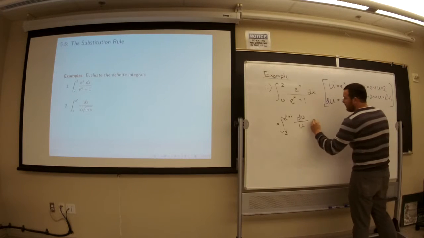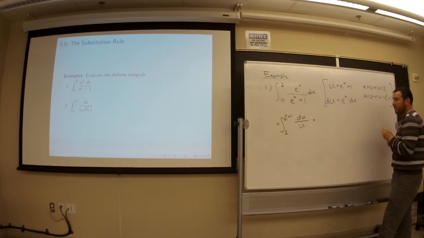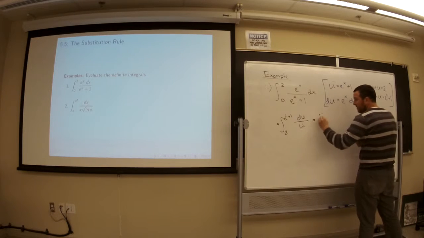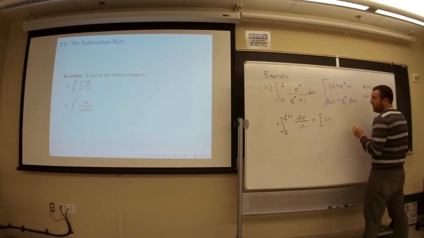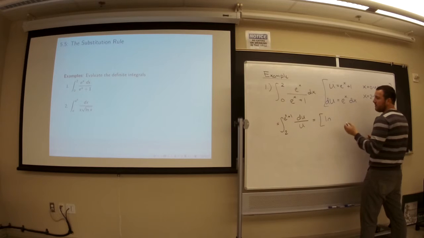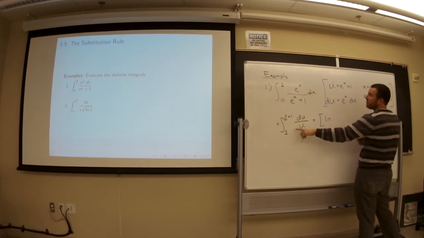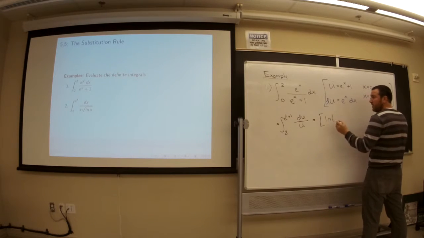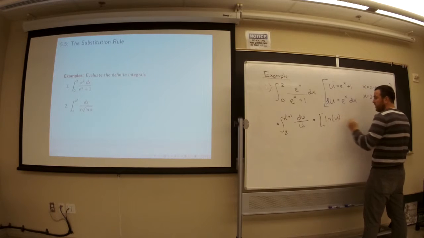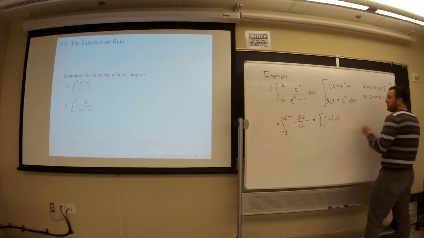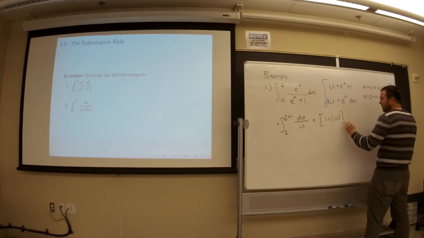So our antiderivative is just the natural log of the absolute value of u. Everything's positive here though, so we don't need the absolute value. It'll just be the natural log of u, evaluated from 2 up to e squared plus 1.